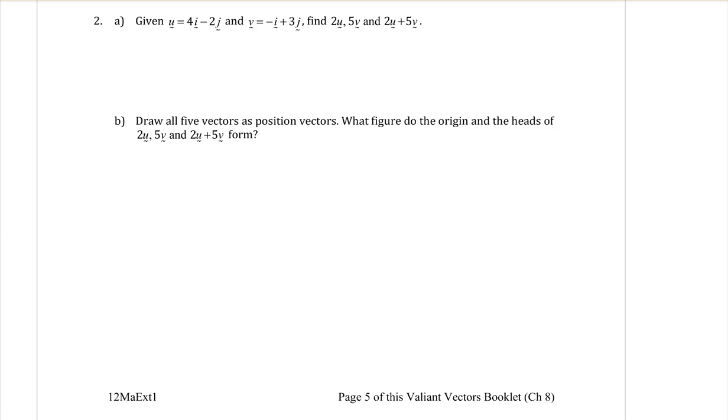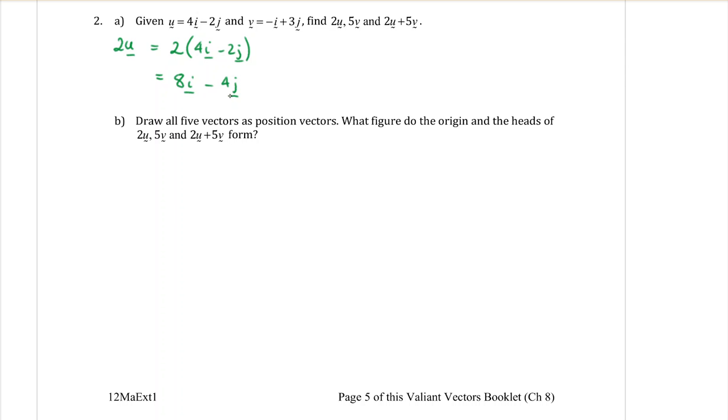One at a time, if I want to find 2 lots of vector u, you simply have to multiply 2 by u, which was equal to 4i minus 2j, and you can just multiply that through like normal. So 2 times 4 is 8i, minus 2 times 2 is 4j. So it's making that vector twice as long.